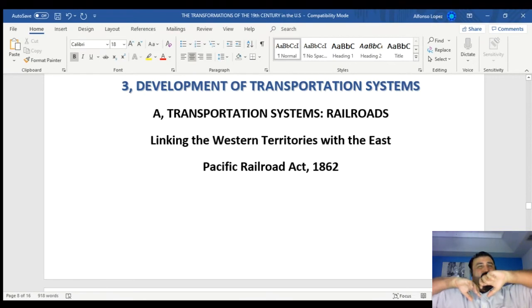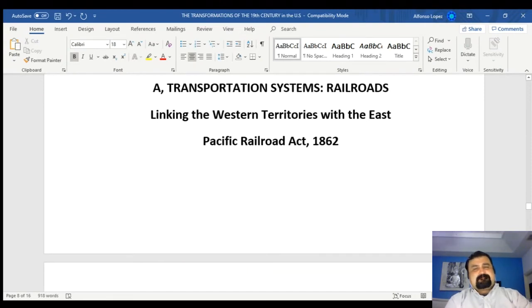Okay, railroad lines are going to be pretty much built across those territories all the way to the Pacific Ocean, and the United States is going to be interconnected. Again, all integrated from the East Coast all the way to the West Coast through a system of railways. Okay, totally integrated, transportation-wise, that is to say.